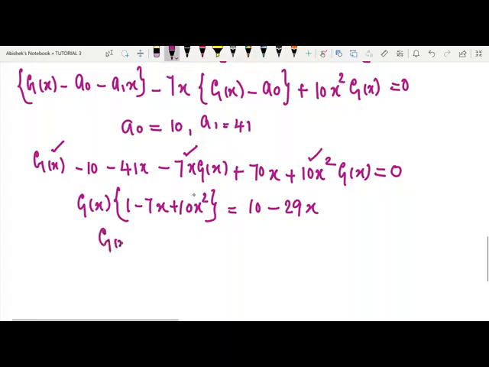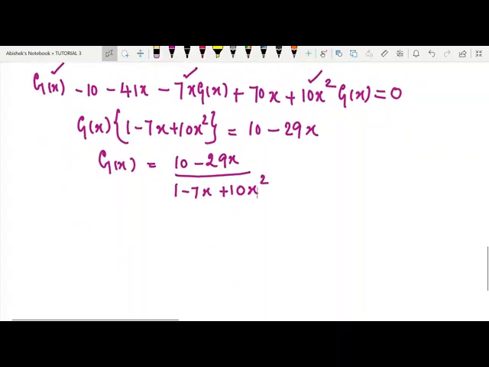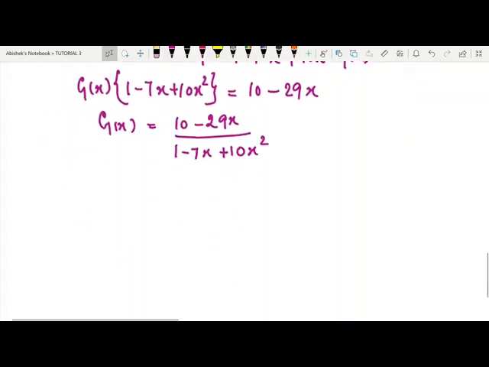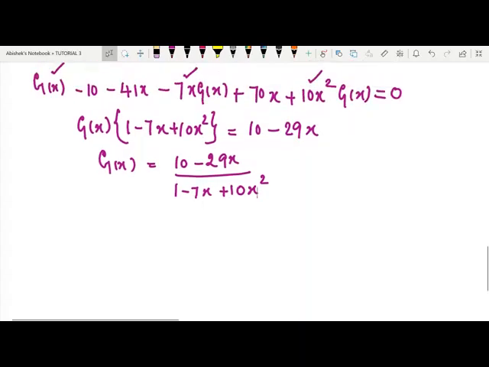So g of x equals 10 minus 29x divided by 1 minus 7x plus 10x square. So we can factorize this expression.